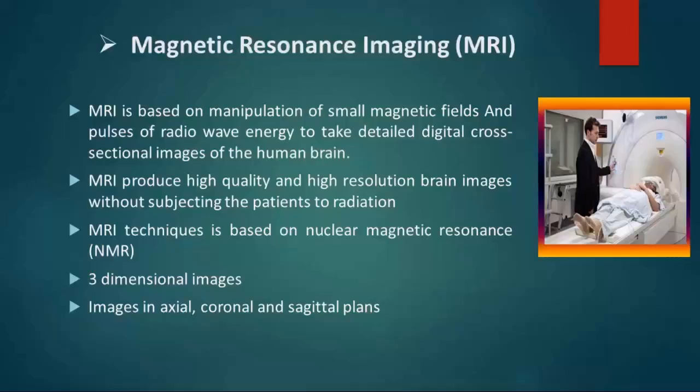The MRI technique is based on nuclear magnetic resonance, and whilst the CT scan produces two-dimensional images, the MRI produces three-dimensional images in the axial, coronal, and sagittal planes.